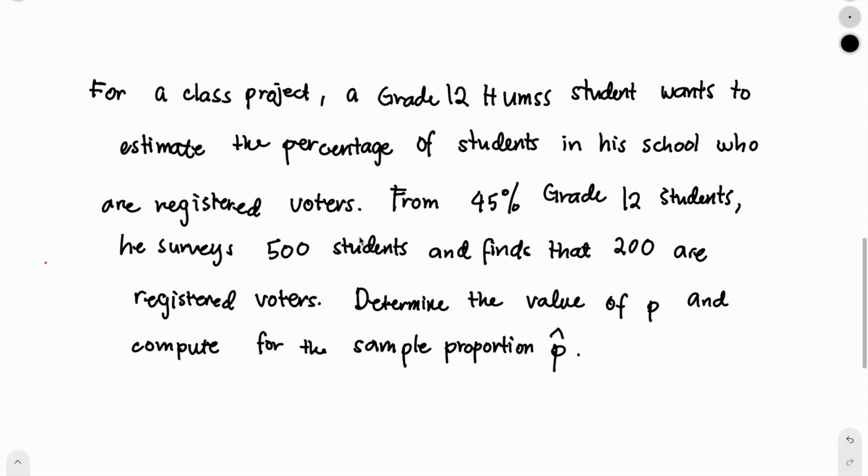Usually, when you are in grade 12, you are 17 or 18 years old. So, from the 45% grade 12 students, he surveys 500 students and finds that 200 are registered voters. So, what does it mean? He took the 45% grade 12 students, right?